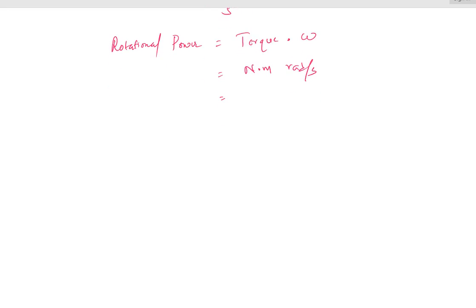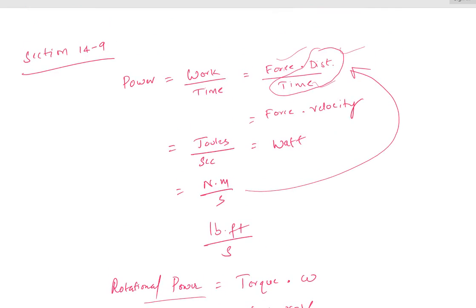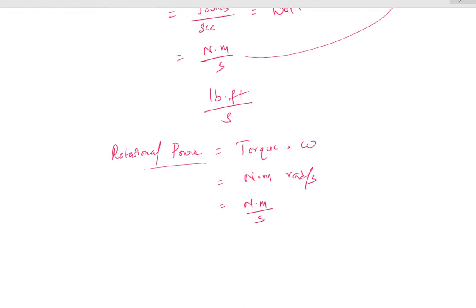Radians is just a non-dimensional quantity, like angle, so its dimensional units are just 1. So this reduces to Newton meter per second, which is the same as the power we've seen here. So it really doesn't matter if the motion being produced is linear or rotational. The power is the same and the units of power are the same.